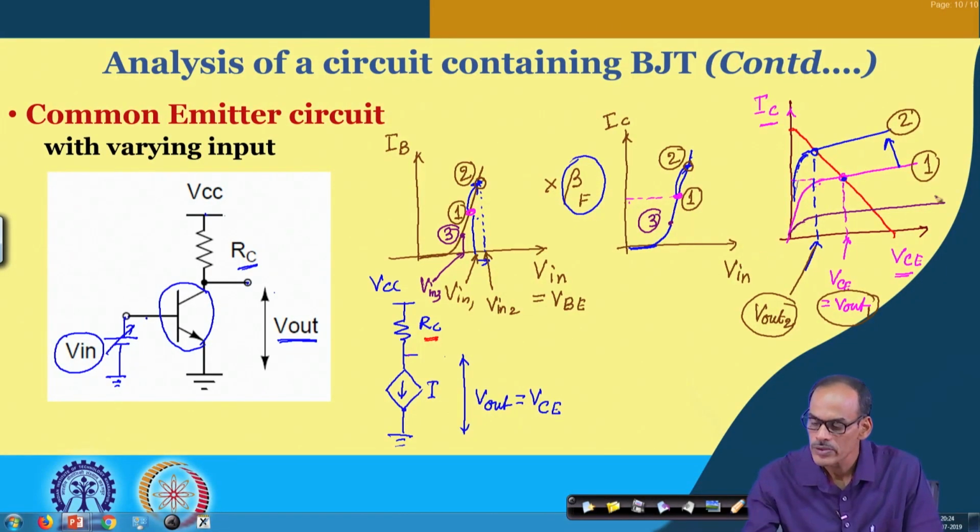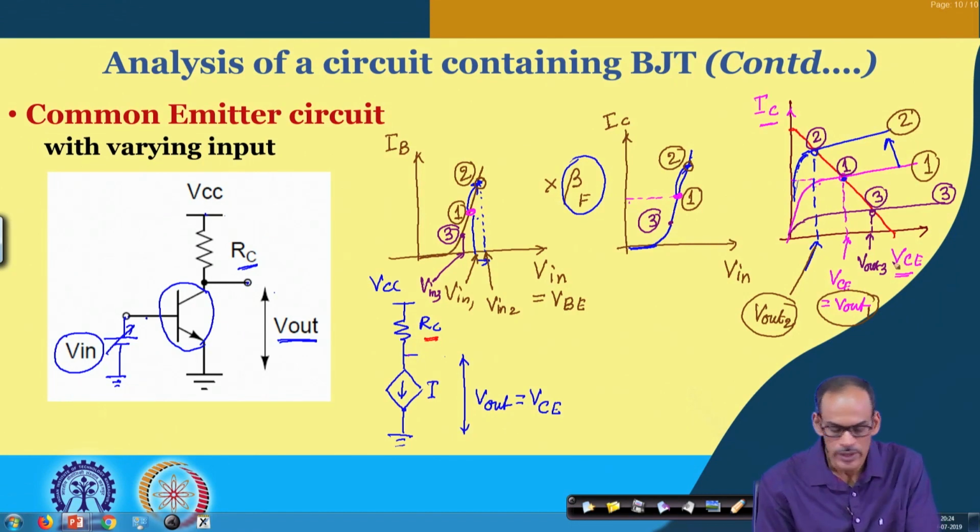So, now the intersection point got shifted here. Initially it was here, it got shifted to this point, now it got shifted down in the other direction to this point. So, the corresponding voltage here we will be calling, say, V out 3.